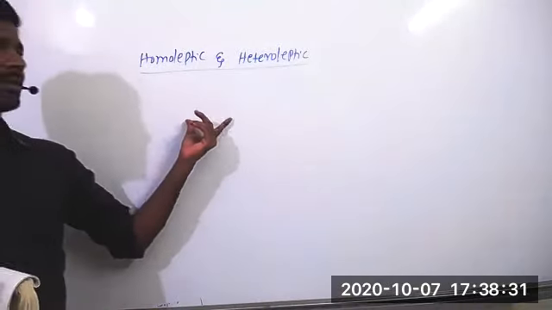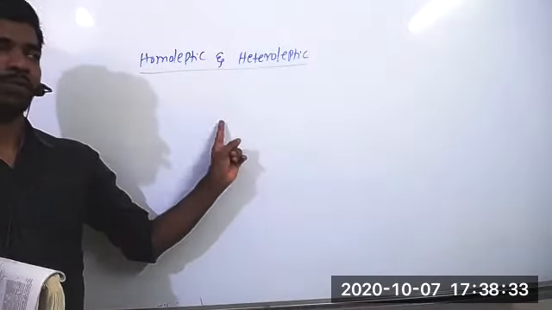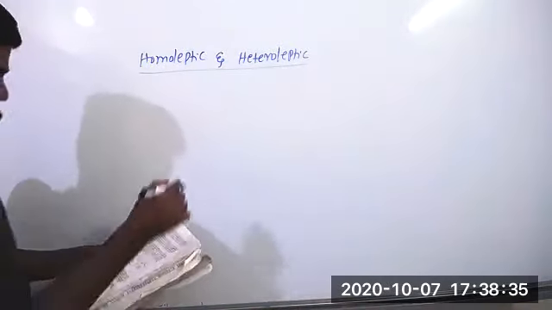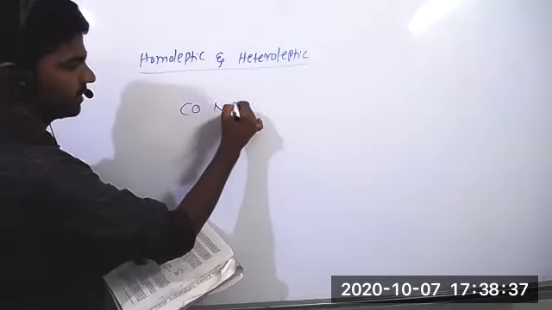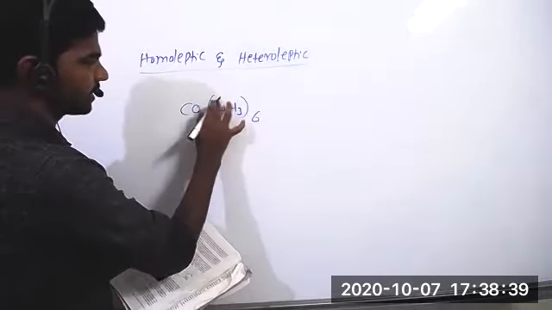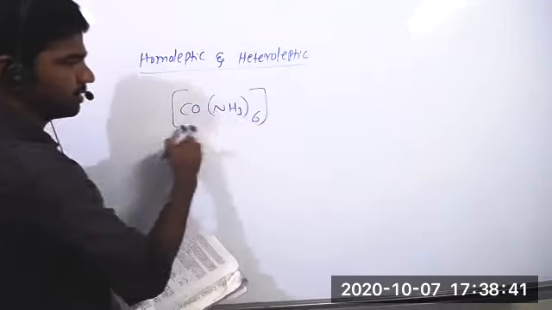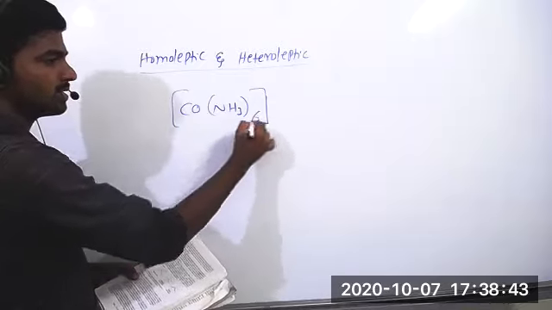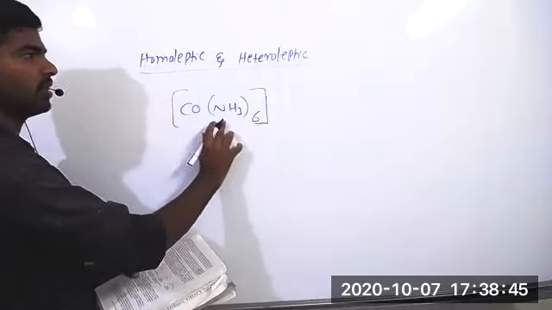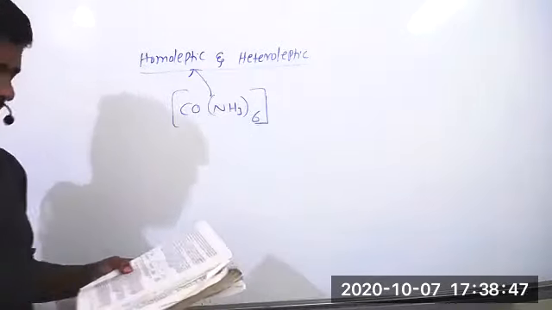Suppose in a complex all the ligands are one type, that's called homoleptic. Suppose Co(NH3)6: in this complex all 6 ligands are the same kind, all are ammonia only. So it comes under homoleptic.